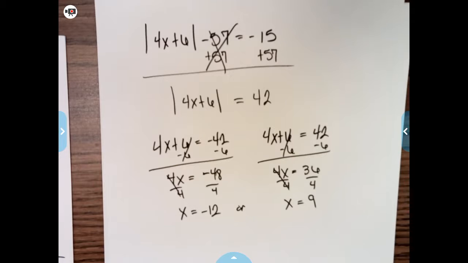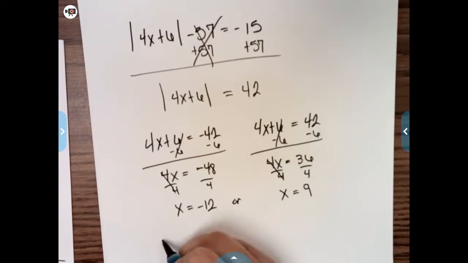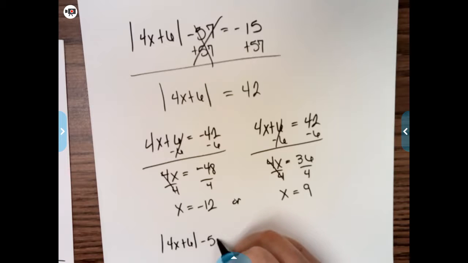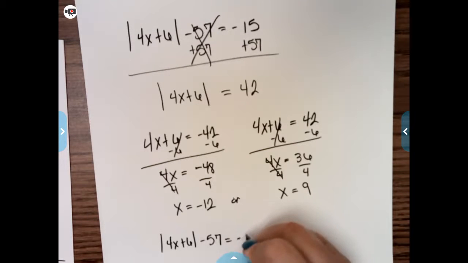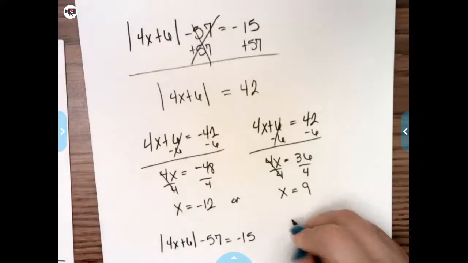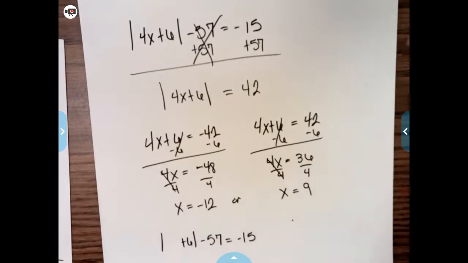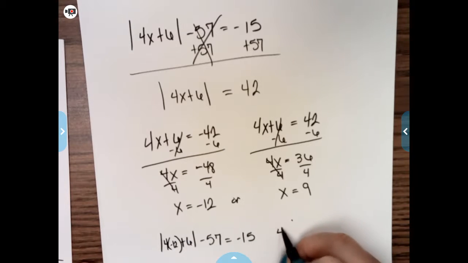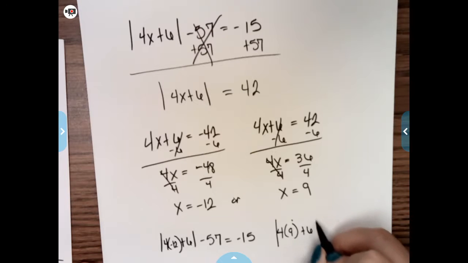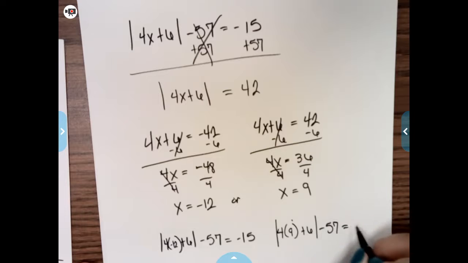So again, one or the other. Which one is true, or are they both true? So you go back to your original. Remember, the original before you moved anything. And you put in your solution, so negative 12 on that side, and on this side I'm going to put in 9. Okay, so did they both work?